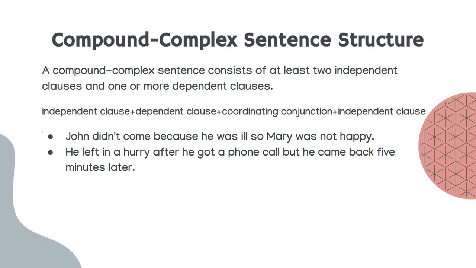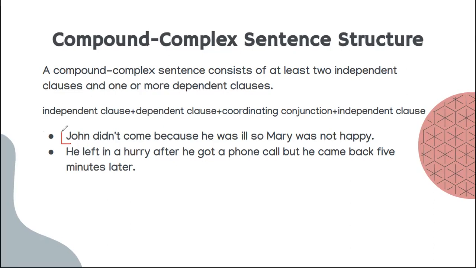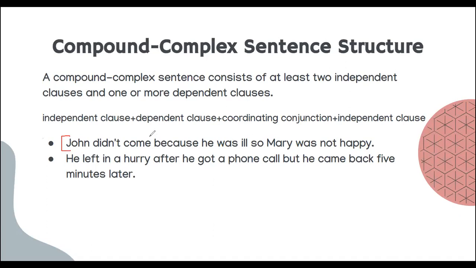For example, John didn't come home. This here is independent. Okay? Let's change the color to blue. Because he was ill. What is this here? This would be dependent, not independent.